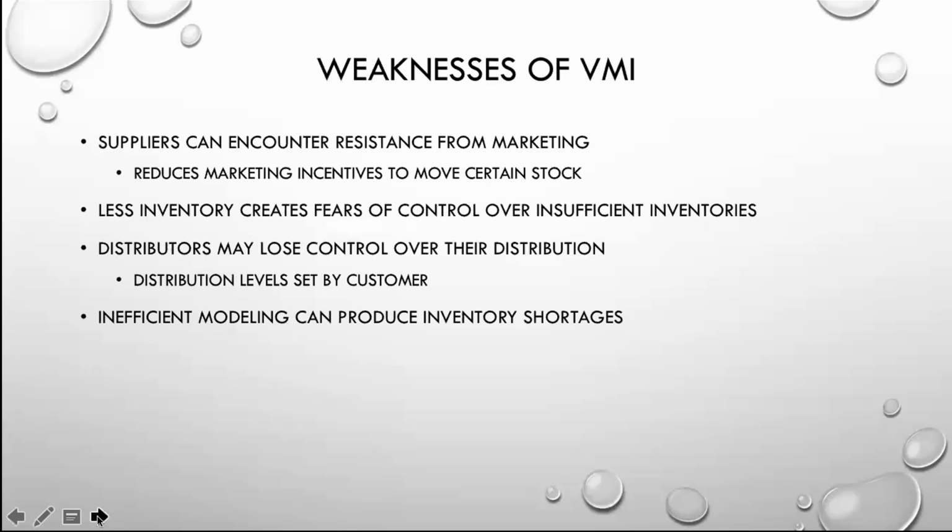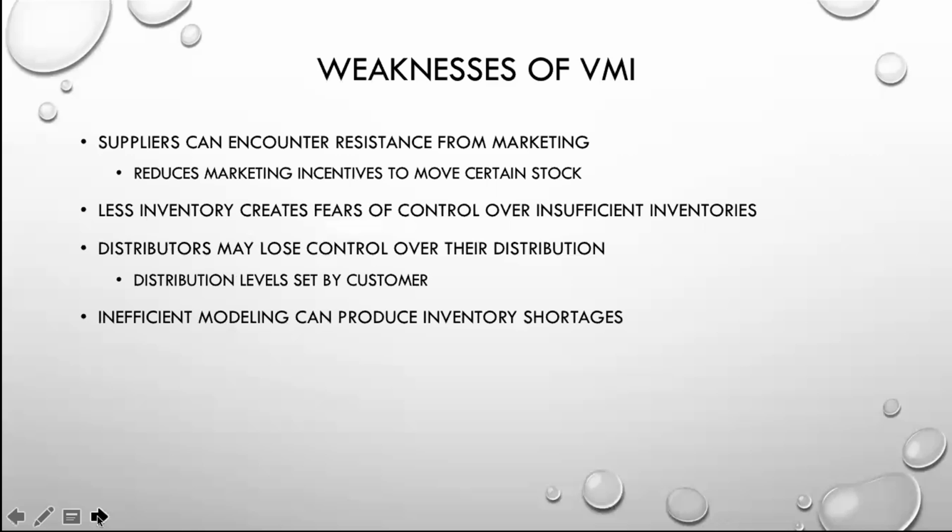And as I said here, distributors lose control over their distribution because the distribution levels are set by the customer, not by the distributor. Distributors are now working with multiple customers, so they're able to spread their distribution over more items and more customers, but they still lose control of the distribution. So distributors aren't very comfortable with the system.